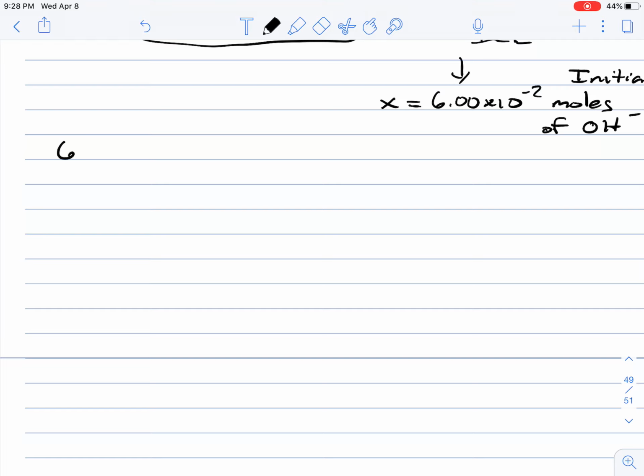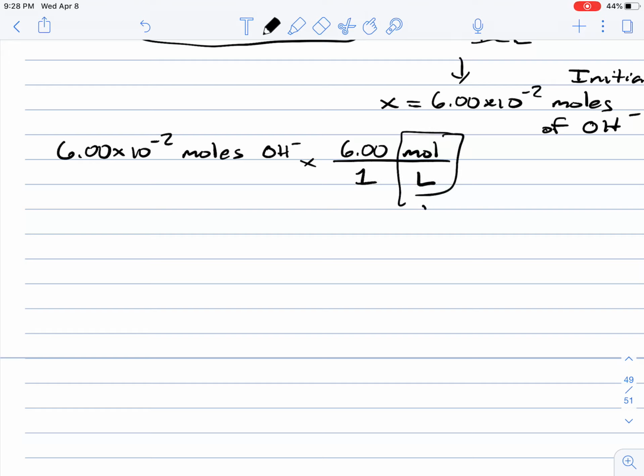And so I'm going to take 6.00 times 10 to the negative 2 moles of hydroxide. And I'm going to go ahead and multiply it by 6.00 moles for every 1 liter. Right? So moles per liter is molarity. So I'm still representing a 6.00 molar concentration. I'm just breaking down the units.